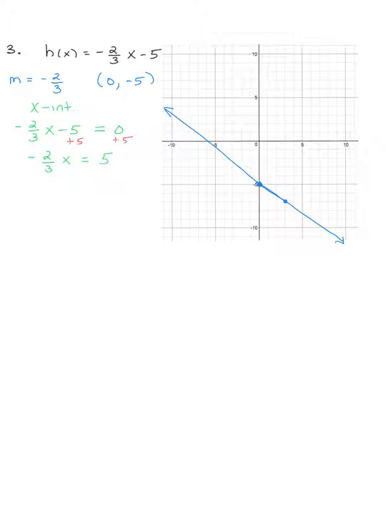I'm now going to multiply both sides by negative 3/2. So on the left, I'm multiplying that to negative 2/3 x. On the right, I'm multiplying that to a positive 5. The value comes out to be x on the left, and on the right, I have negative 15/2.